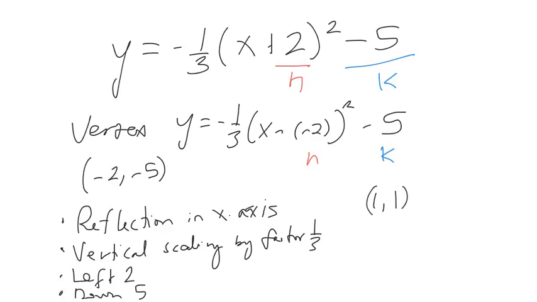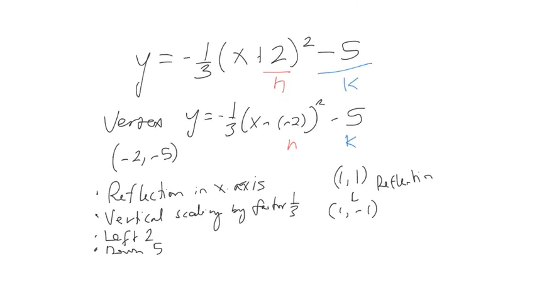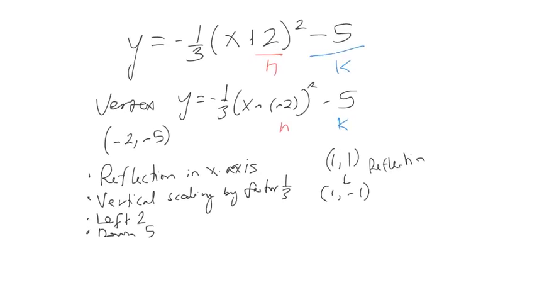The first thing I do is the reflection. The reflection means my y value becomes negative, so I'm now at (1, negative 1). That's with the reflection. All right, the next thing I'm going to do is my vertical scaling.